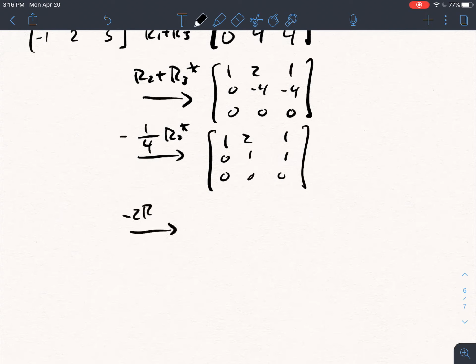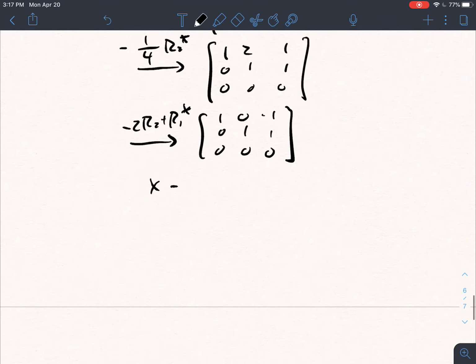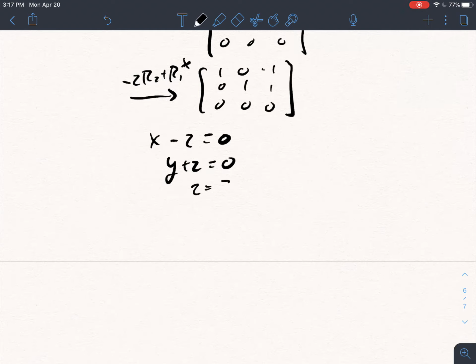And then I will do -2 row 2 added to row 1. We get 1, 0, -1, 0, 1, 1, 0, 0, 0.